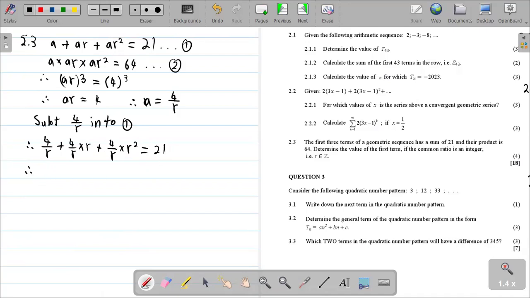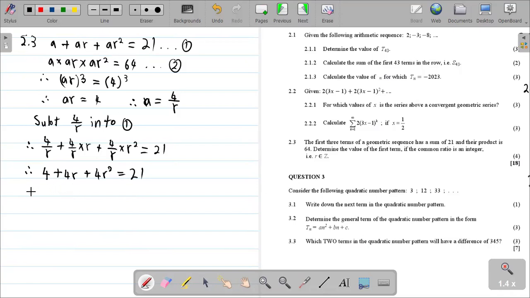Then it's going to be, therefore, so this will help give us the what? The ratio. So if we multiply by r here, we're going to get 4 plus 4r squared equals 21.